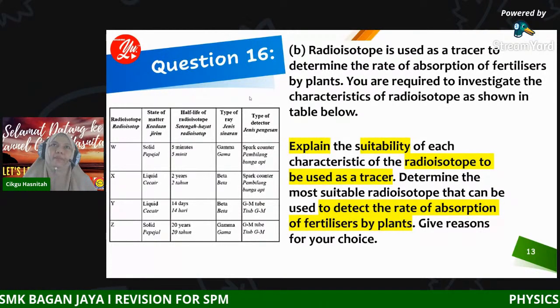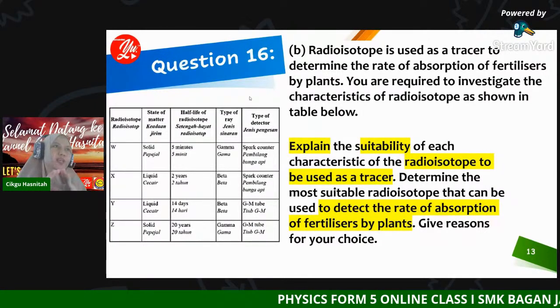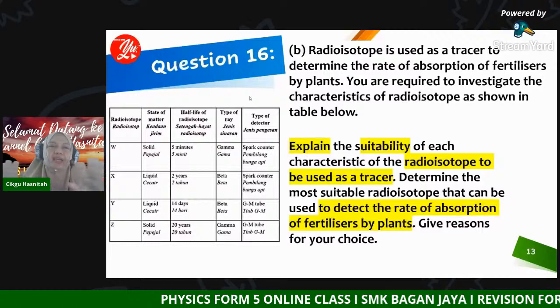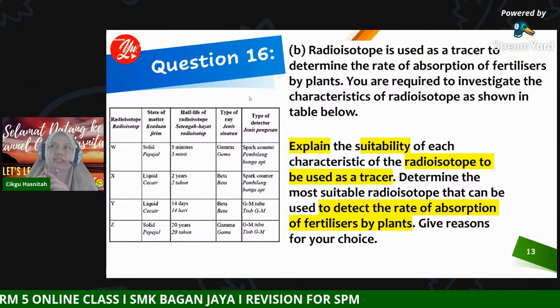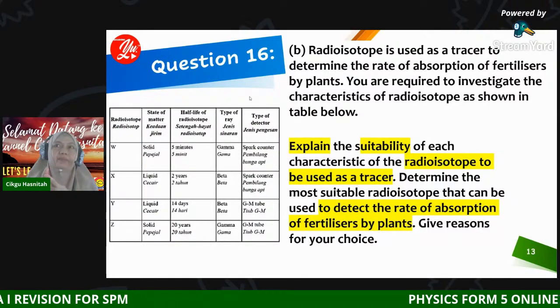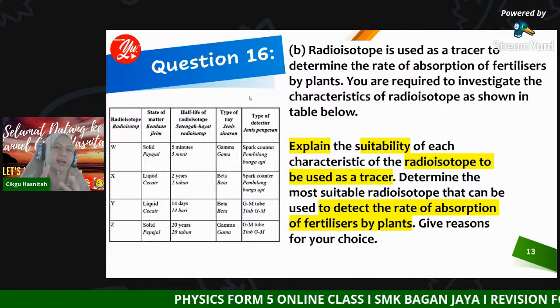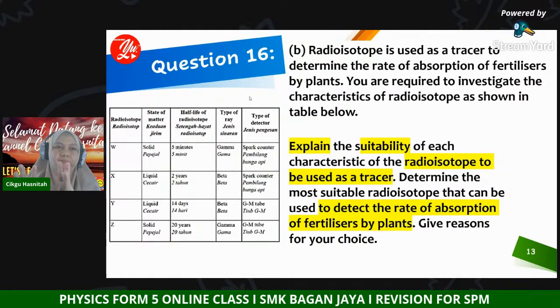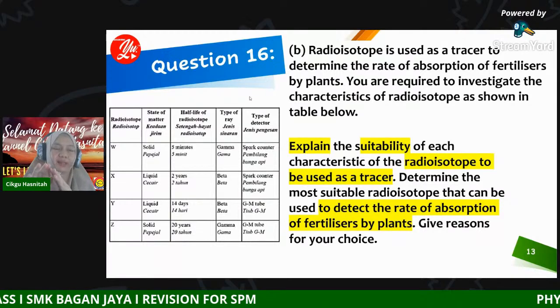Okay, for your information, radioisotopes have been used in many fields. They are used widely in various fields around the world. Okay, radioisotopes are beneficial in the medical field, in technology. We also use radioisotopes in archaeology to determine the age of a fossil, for example.